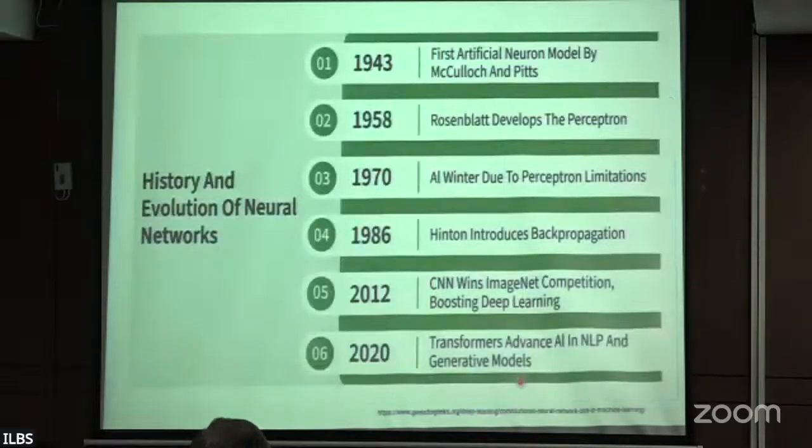So in this deep learning, a long history is there. Small neural network to complex deep neural network to image analysis, deep learning in CNN, and then transformers that handle text, image, any kind of data.